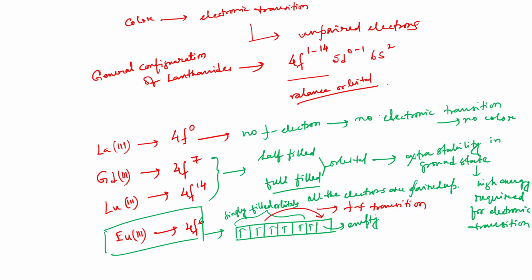The spin also will remain the same, that is, the S value before and after transition will remain the same. Thus, this is an allowed transition. Spin allowed, and no change in configuration also.